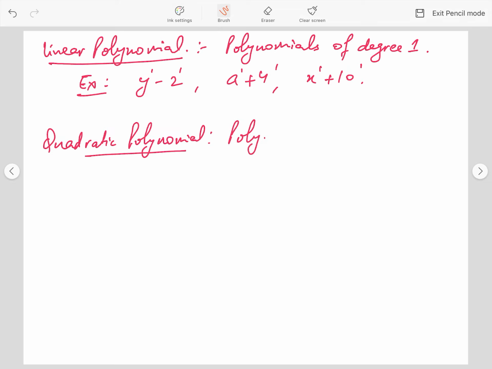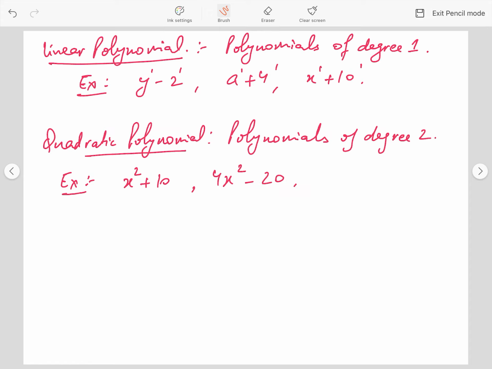Quadratic polynomials are those polynomials which are of degree 2, that means their highest power is 2. Now let's see some examples. x square plus 10, then 4x square minus 20, y square plus 2y minus 5. All these are examples of quadratic polynomial.